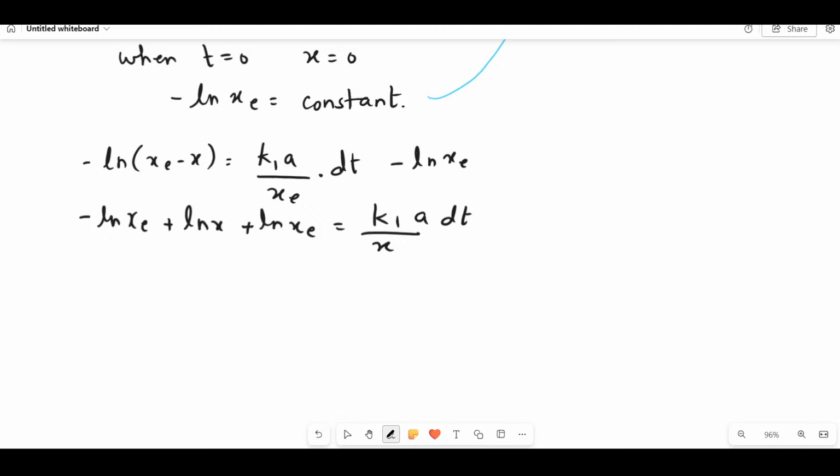Now this is minus, this is plus, so we can write it like this: ln of xe divided by (xe minus x) is equal to k1a divided by xe into t.